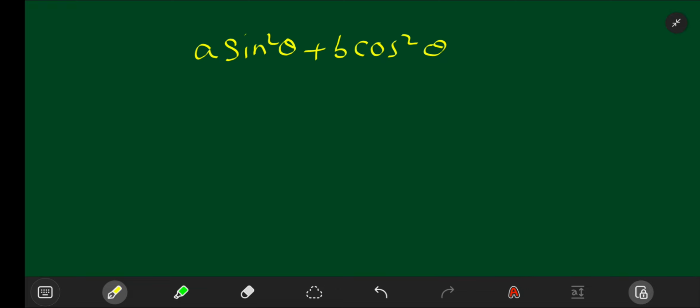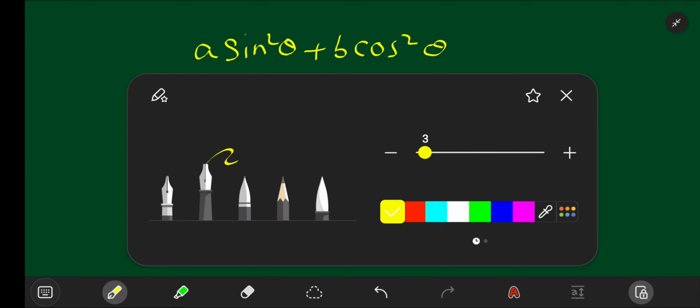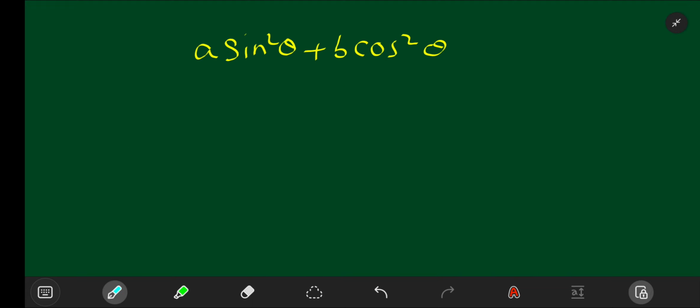We have to find its minimum and maximum value. Listen carefully here. Sometimes you may get confused, but it is very easy. Very easy. Here, from these two numbers, a comma b are numerical values only, no?